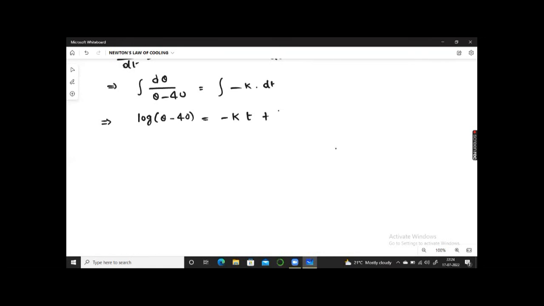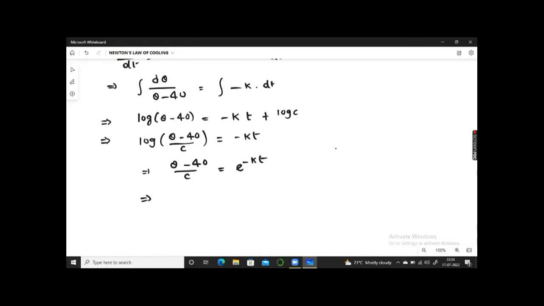That constant, I take as log c. So if you bring this value this side, log a minus log b is log a by b, log of theta minus 40 by c is equal to minus kt, right? So theta minus 40 by c is equal to e to the power minus kt.